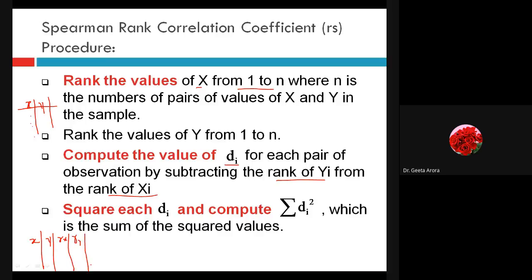We calculate d_i, which is the difference of R_x and R_y, and then we calculate d_i square. Finally, whatever summation comes from the last column, we find the sum that is to be used in the formula.